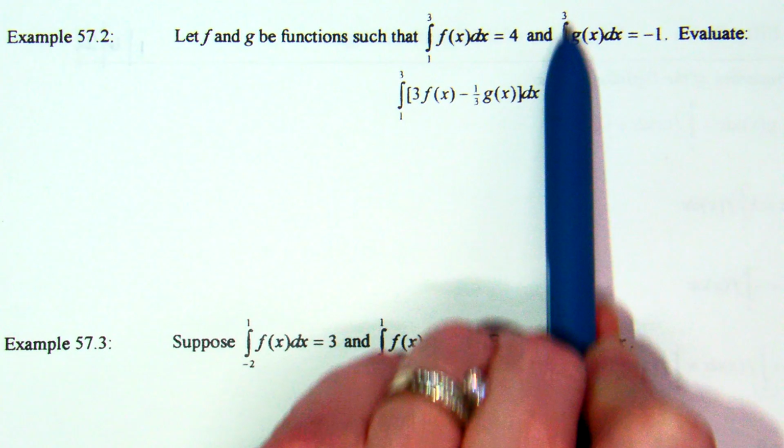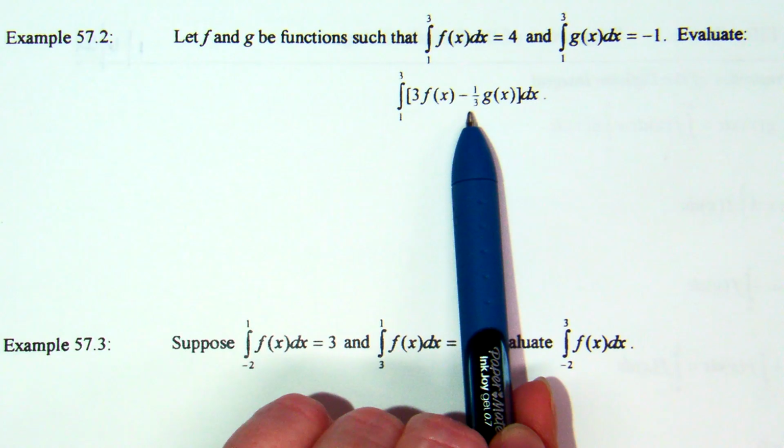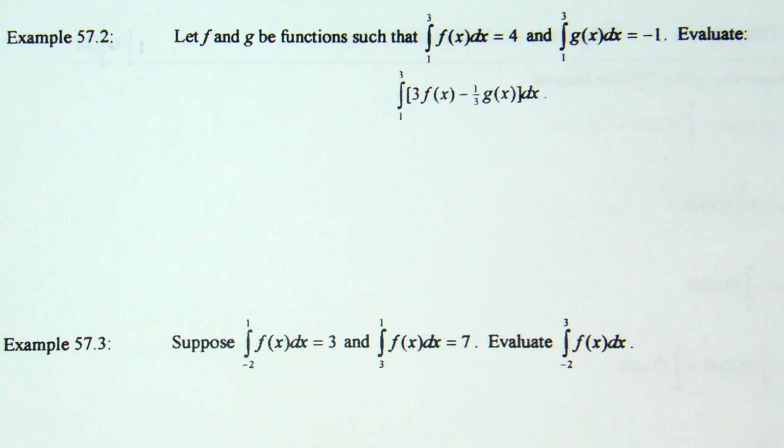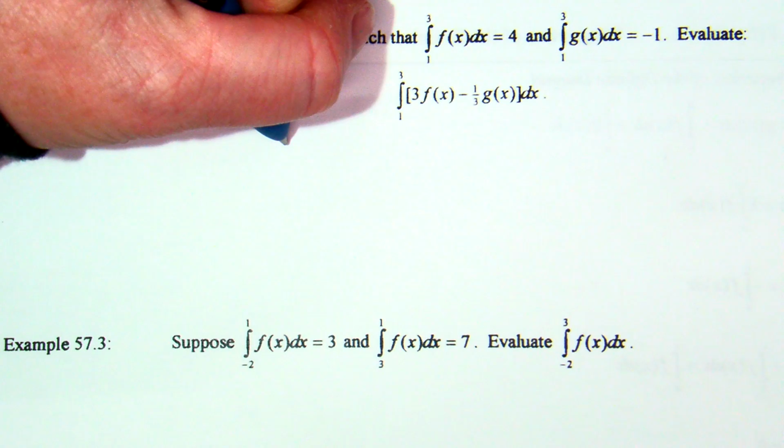So first of all, subtraction within an integral can be broken up into two integrals being subtracted. Or addition within an integral could be broken up into two integrals being added. So I'm going to first of all break this up.